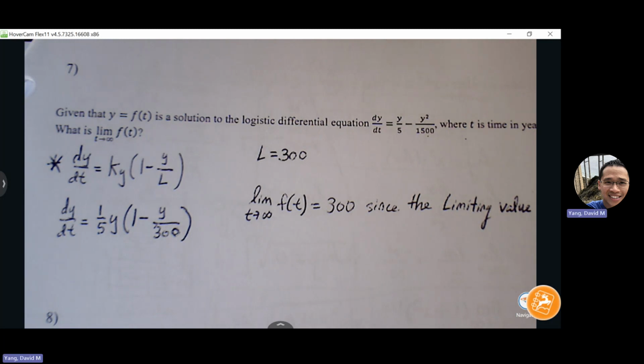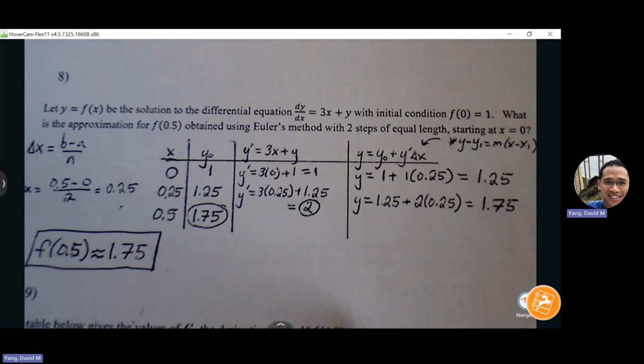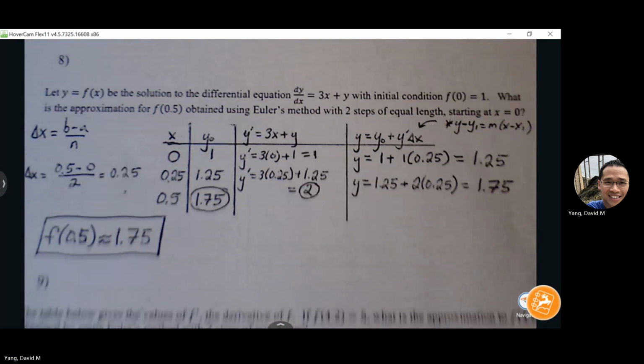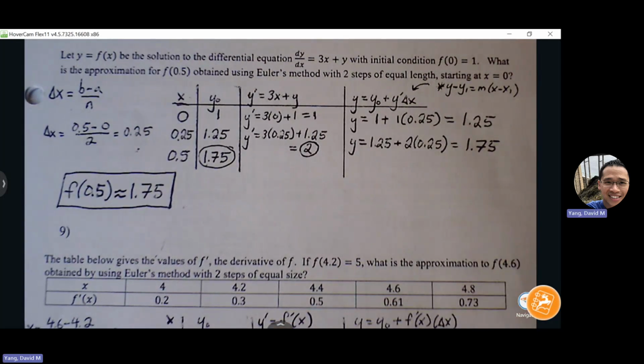Euler's method, I think, is pretty easy, but it just requires you to know how to move through your table. Once you know what every column represents, you're just working through that column until you eventually reach your y value for a specific x or y.